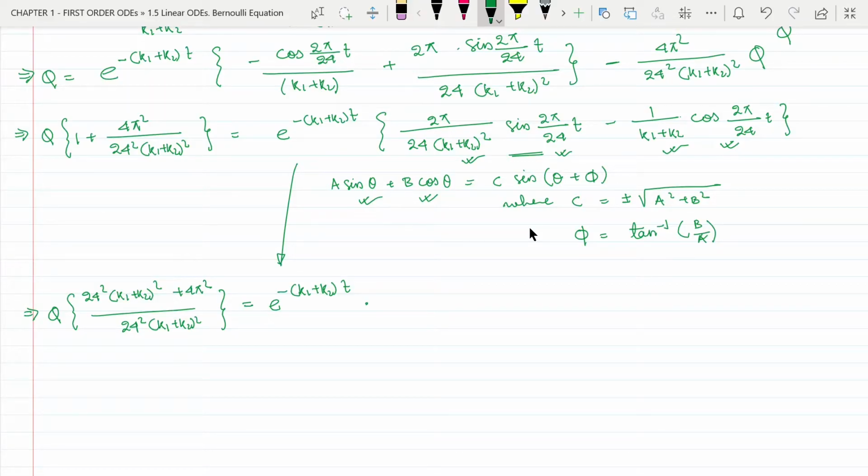This term is a and this term is b from this formula.